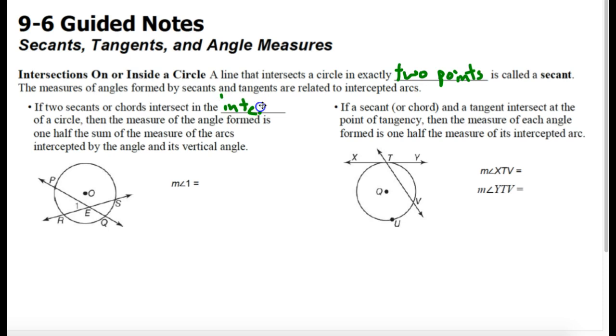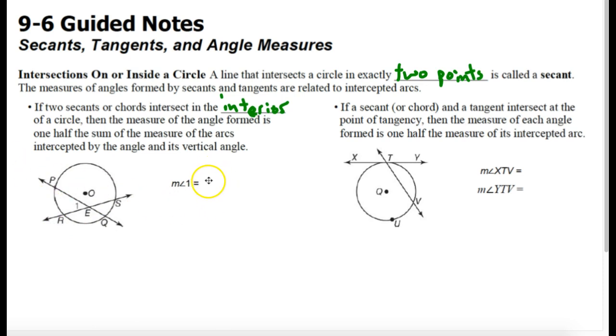All right, so this first property says if two secants or chords intersect in the interior or inside of a circle, then the measure of the angle formed is equal to 1/2 of the sum of the measures of the arcs intercepted by the angle and its vertical angle. So angle 1 here is equal to 1/2 the sum of arc PR and arc SQ.